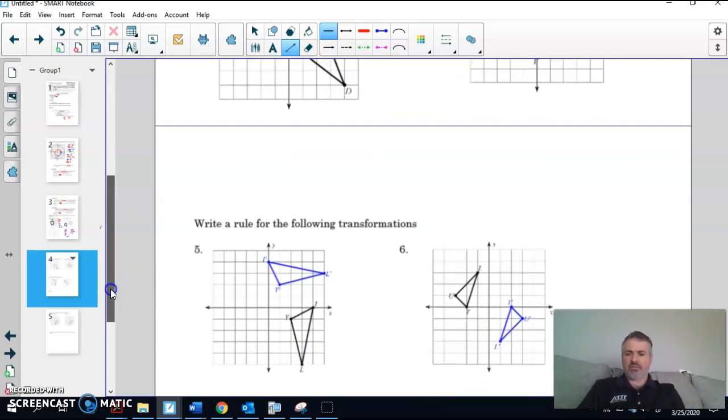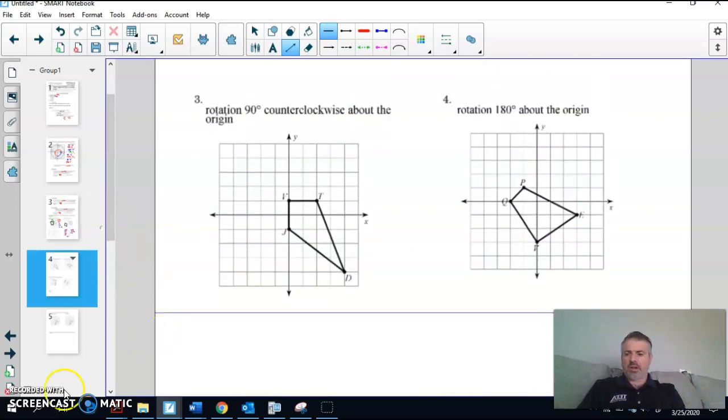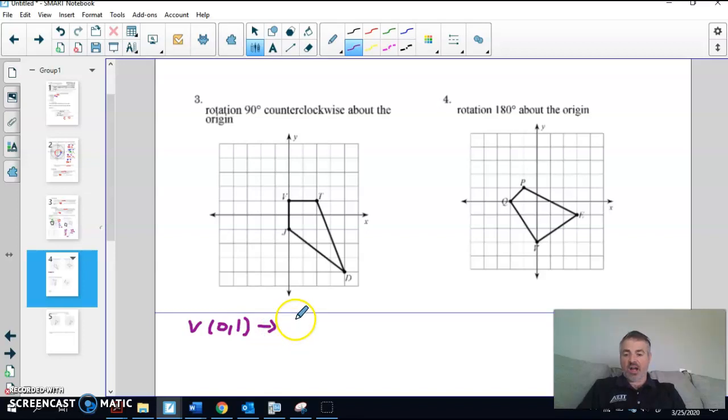Down here, why don't I rotate one more? Do I have time? Yeah, I've got time. In order to do this, I'm going to have to come up with some ordered pairs for the pre-image. V looks to be at 0, 1. If I go 90 degrees, remember you switch and change the sign of the Y, so V prime becomes -1, 0.